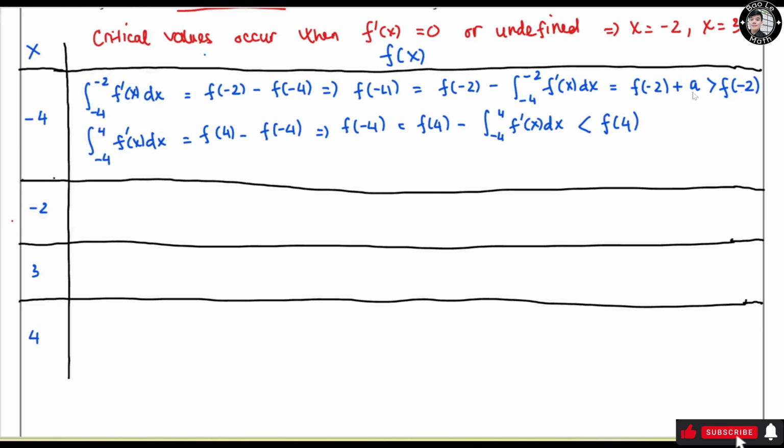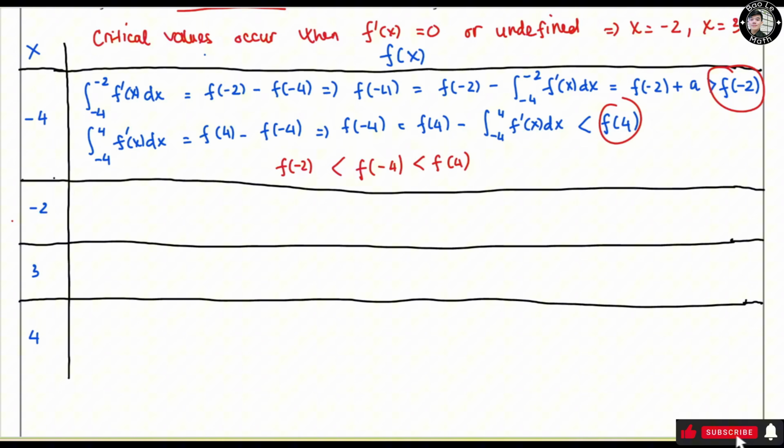Now from these two results, we can conclude that f(-4) is always greater than f(-2) and less than f(4), right? We need to calculate f(-2), right?